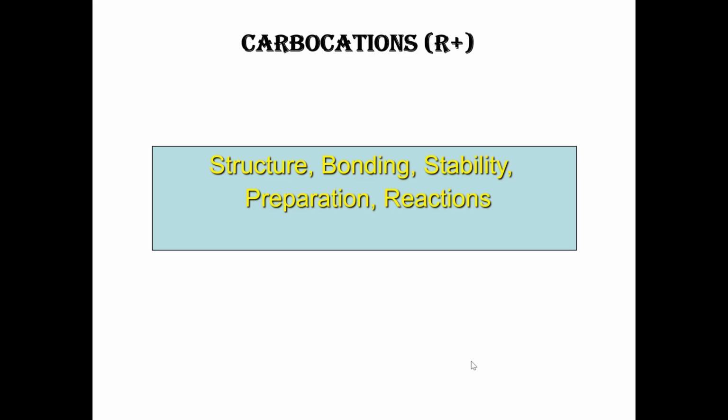Today's subject of discussion is carbocations, their structure, bonding, stability, preparations, and reactions. Today we are dealing with the structure and stability of carbocations. What are these carbocations? We know that these are reaction intermediates.